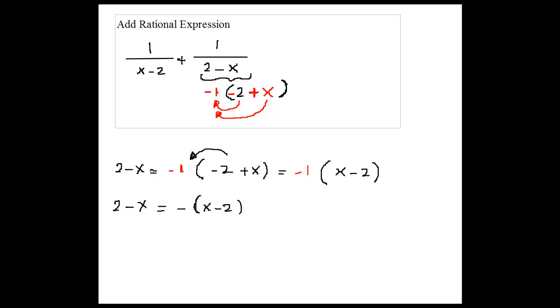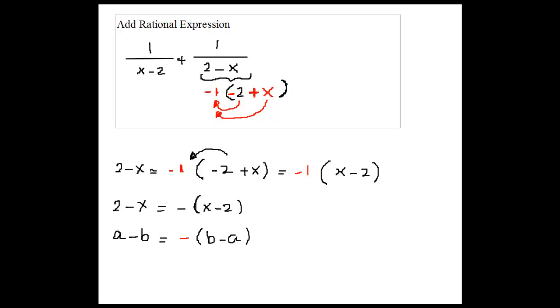You see how we have x minus 2 here? We wanted to make 2 minus x look like x minus 2, and then we factored a minus 1. So in general, you can remember that if you have a minus b, if you factor a minus 1 out of this, it becomes b minus a inside the parentheses.